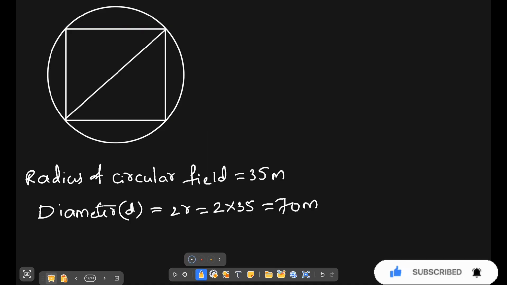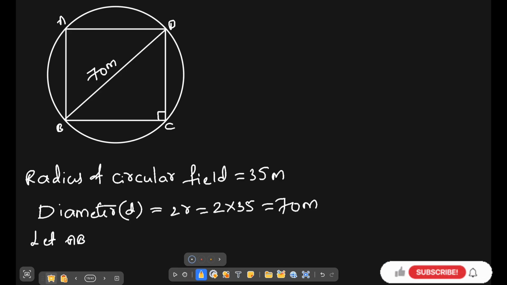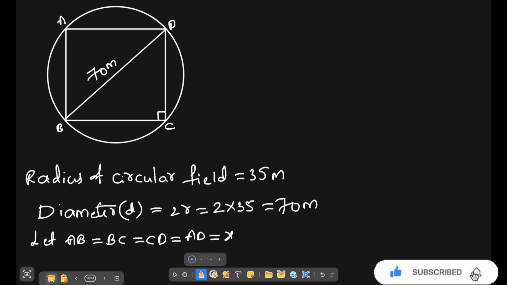So the diagonal is 70 meters. As ABCD is a square, there is a right angle at each vertex. In the square, all sides are equal, right? So let AB equal BC, BC equal CD, and CD equal AD, all equal to some x.